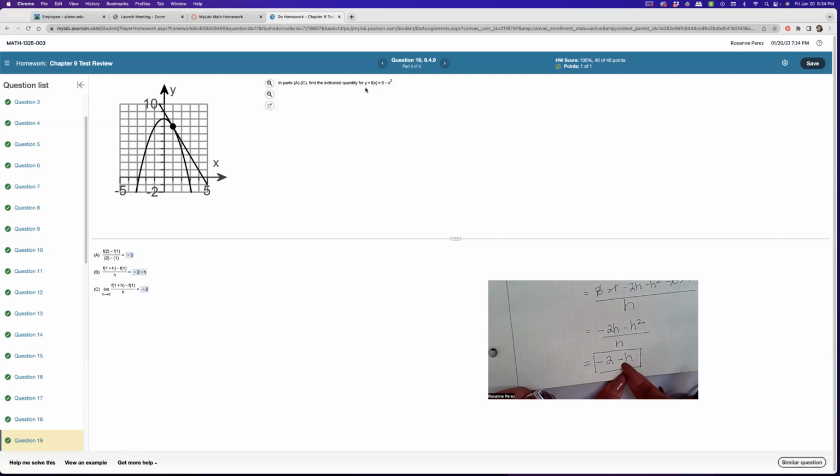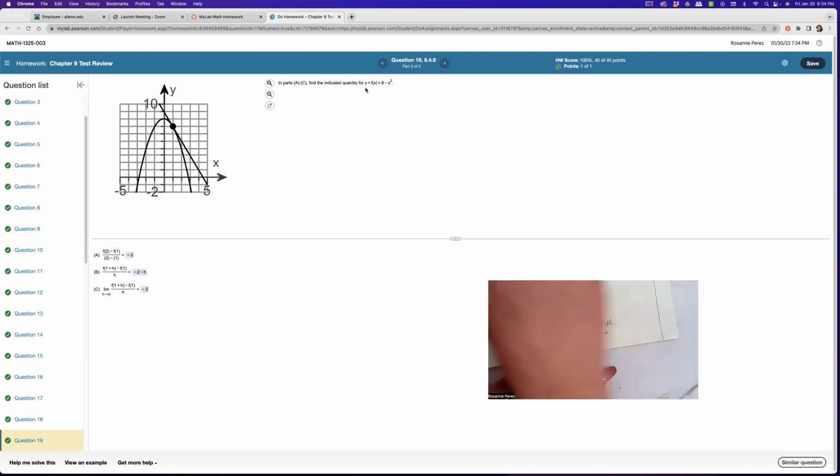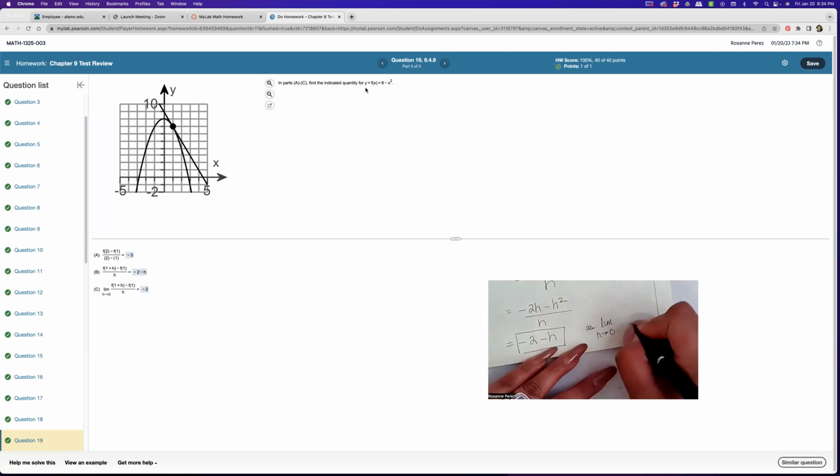So all that we're left with is the -2. So the limit of this function as h approaches 0 is going to be equal to -2. And that's it.